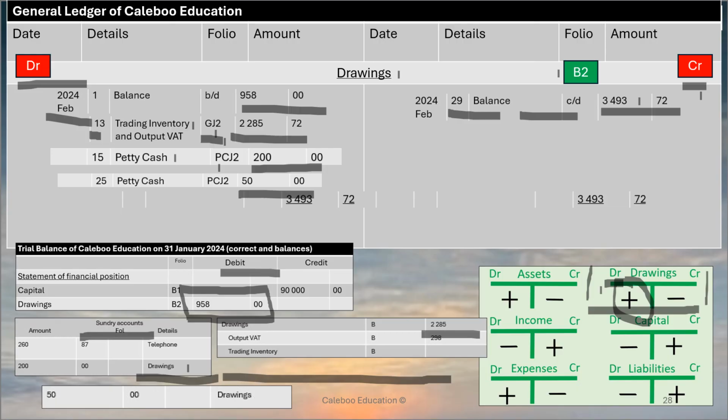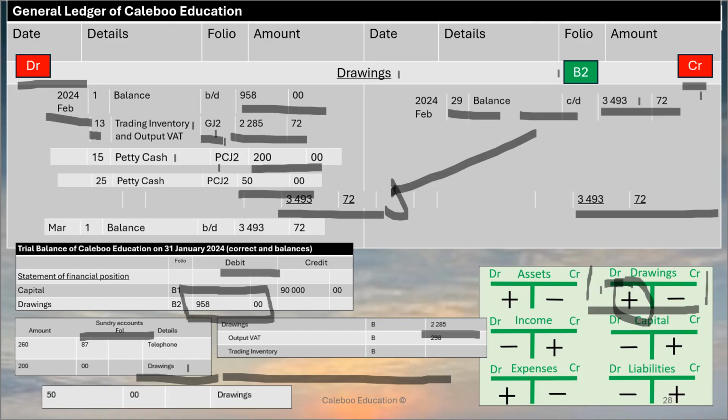Total up both sides, 3493 and 72. And on the opposite side, on the first day of the next month, we're going to have the balance brought down. Now what that account is telling me is that the owner has withdrawn cash and stock to the value of 3493.72 as at the start of March, the 1st of March, or as at the 29th of February.